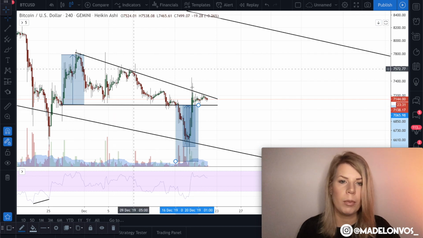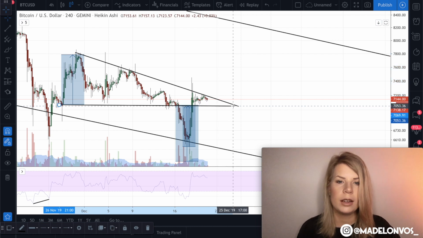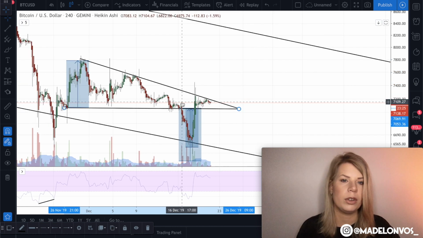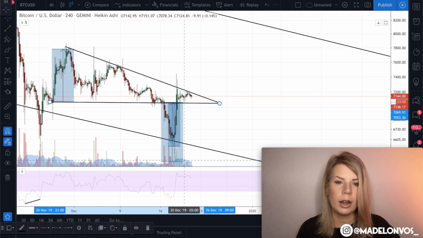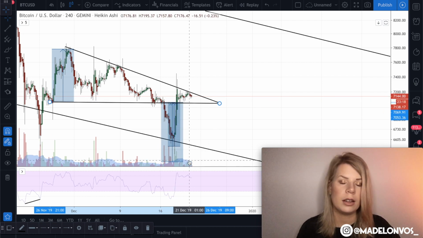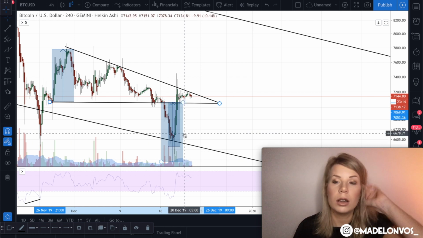The price went upward, but we went back into this triangle, and this is quite strange because the price is now in this triangle, and we still have to wait what's going to be next. Volume is going down again, even though price is up, so this means that there is some divergence, which is not really a good sign.